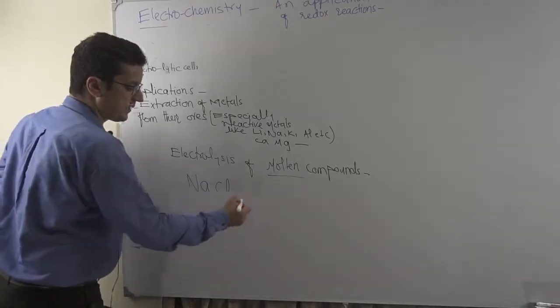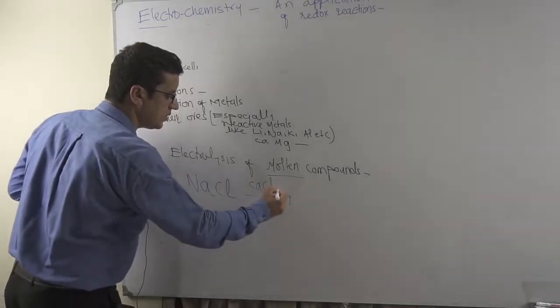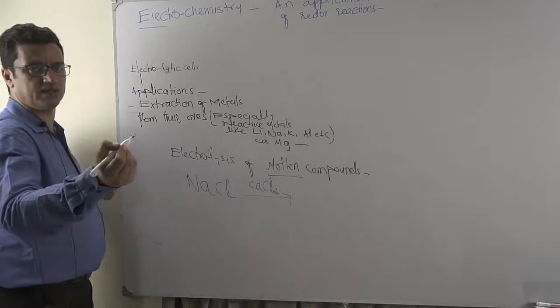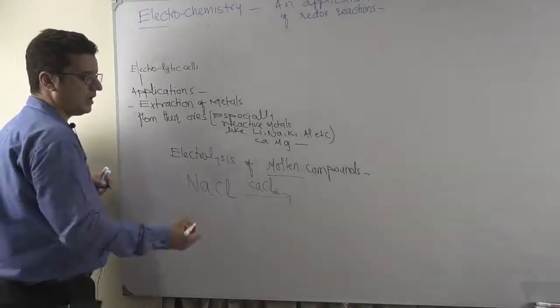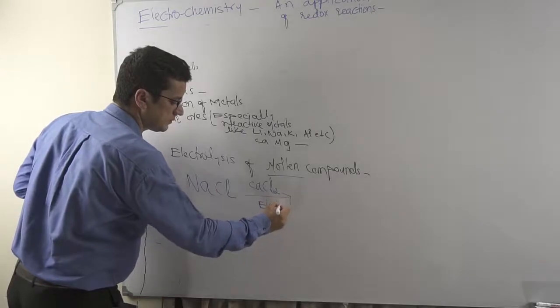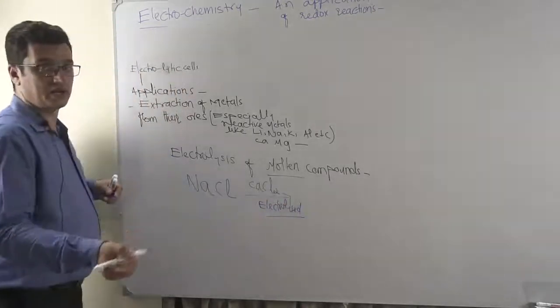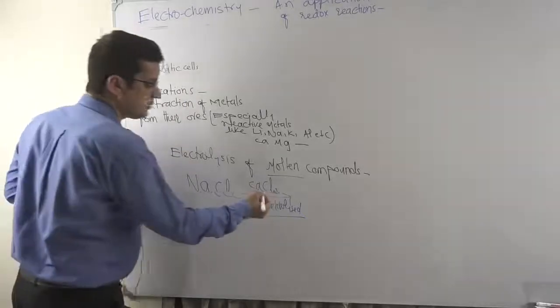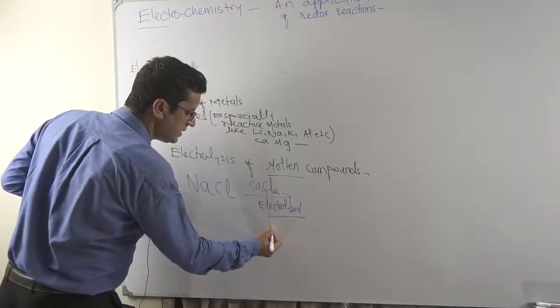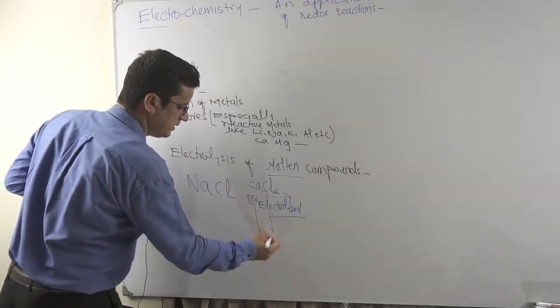NaCl, when it is mixed with a little amount of calcium chloride acting as an impurity, and when it is electrolyzed in the electrolytic cell, calcium chloride basically brings down its melting point from 800 to around 600.